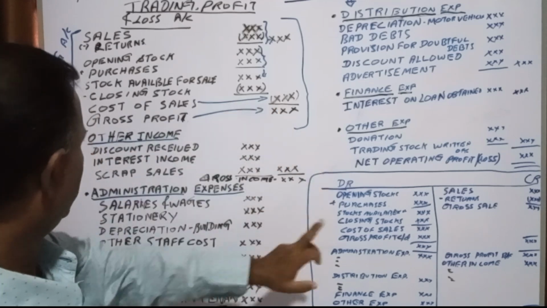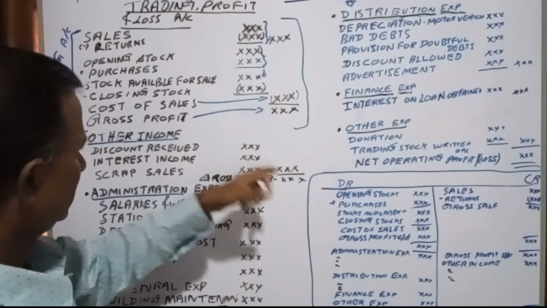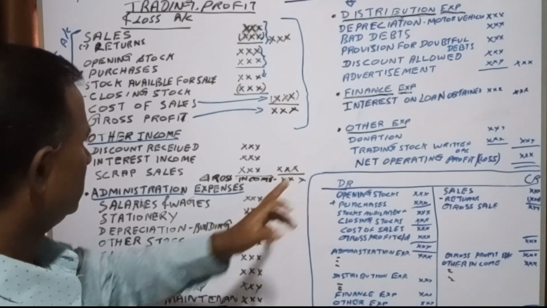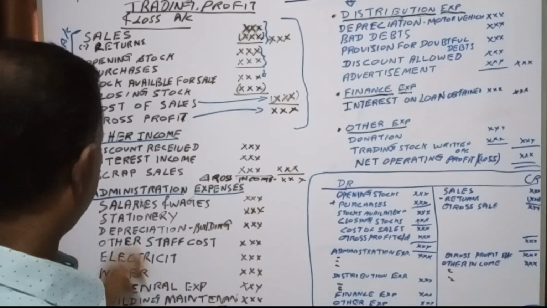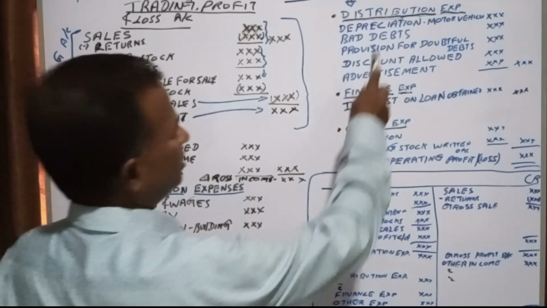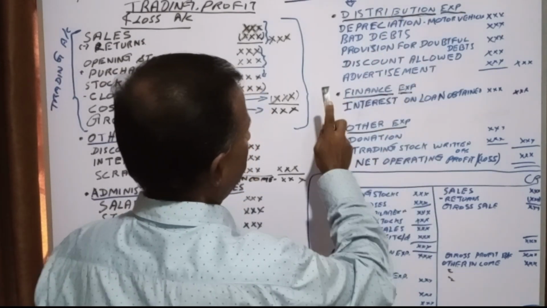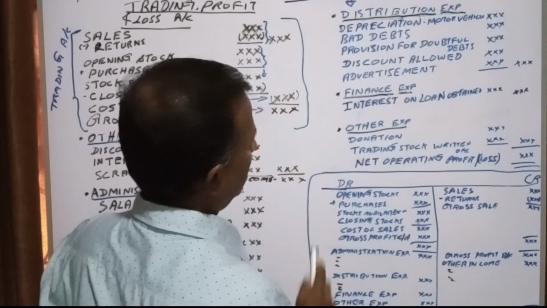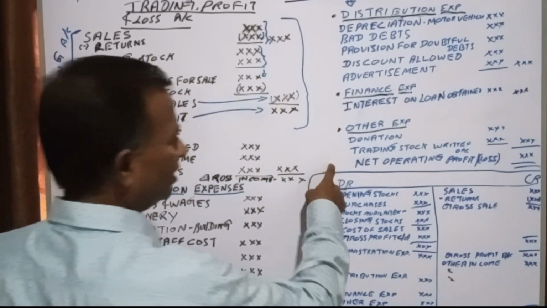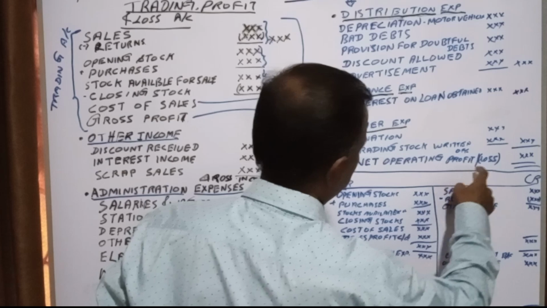To the gross profit, we are adding the other income, then we are arriving at the gross income. From the gross income, we are deducting the administration expenses, distribution expenses, finance expenses, and other expenses. Then we arrive at net operating profit or loss.